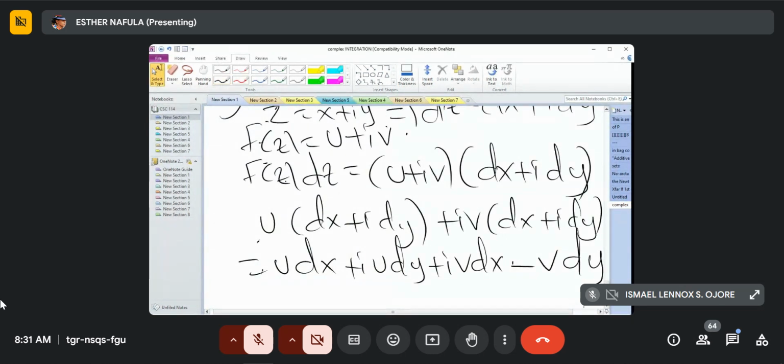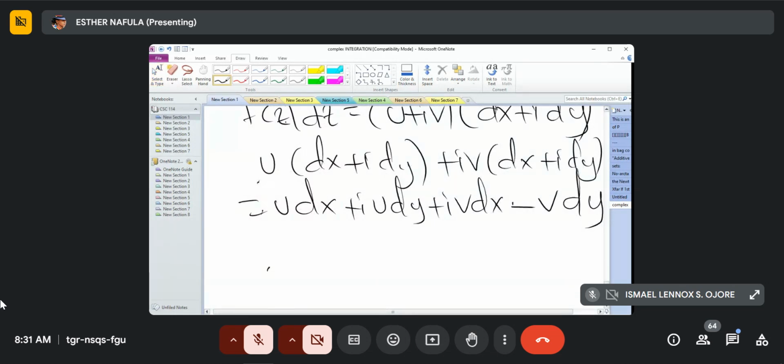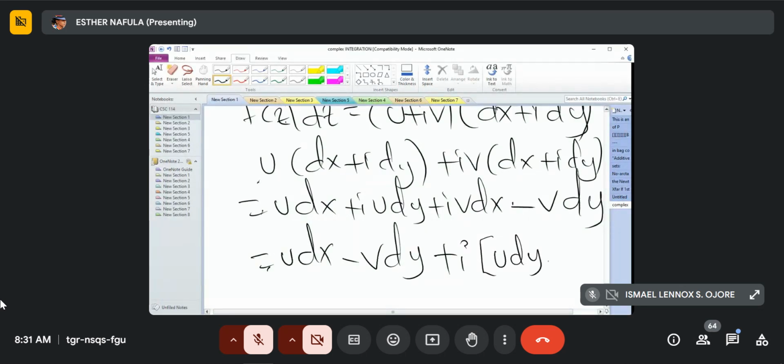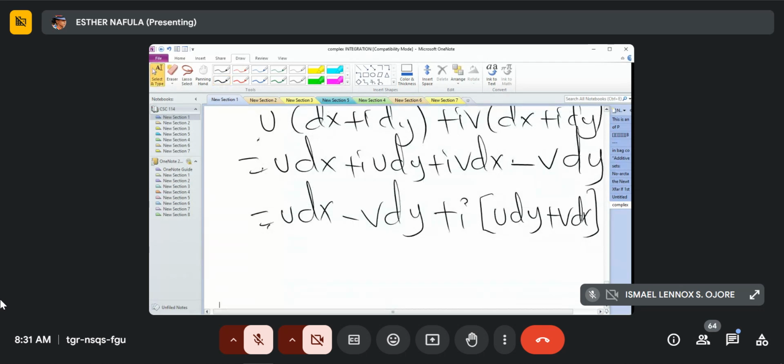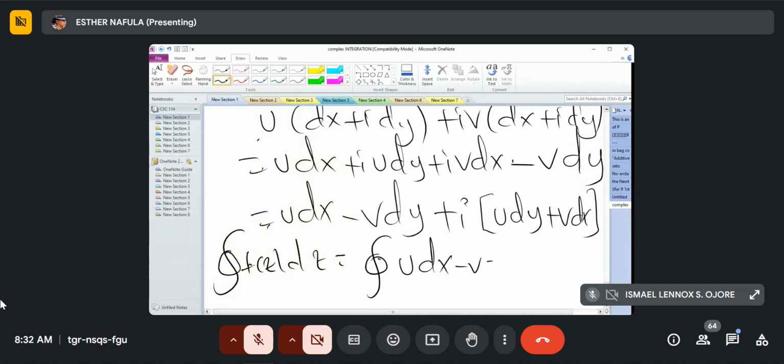Collect together the real terms, you get u dx minus v dy. The imaginary part, you have I into u dy plus v dx. So the integral of f of z dz is equal to evaluating this integral u dx minus v dy plus I times this integral u dy plus v dx.